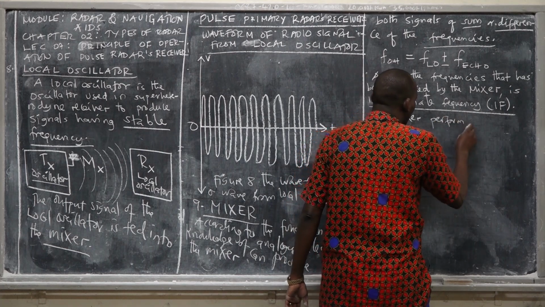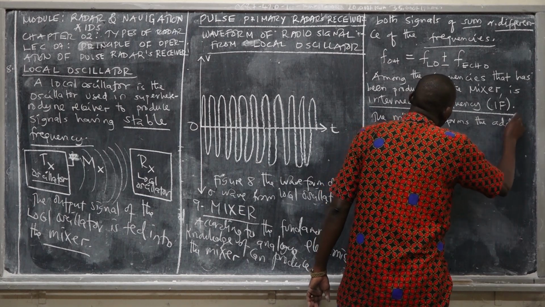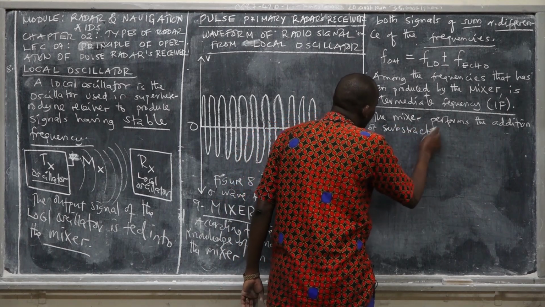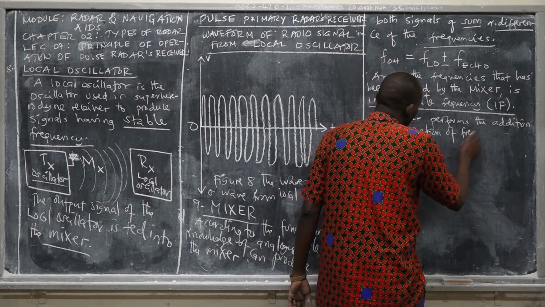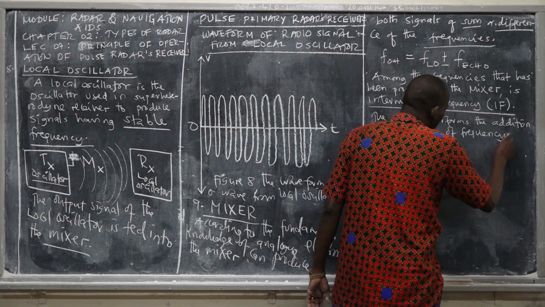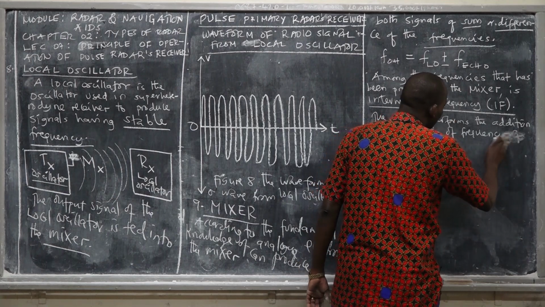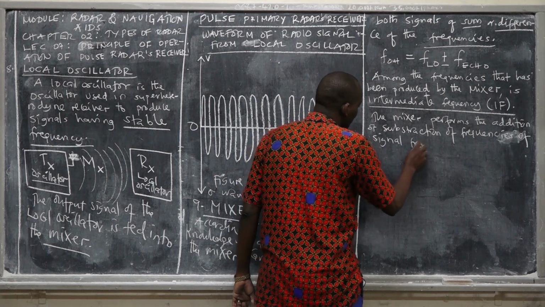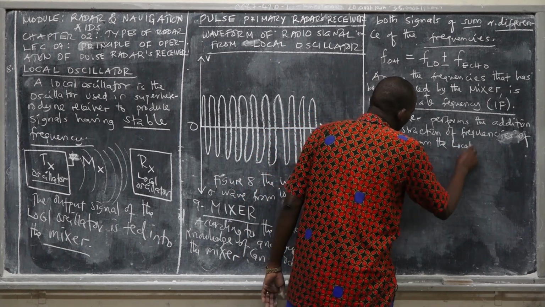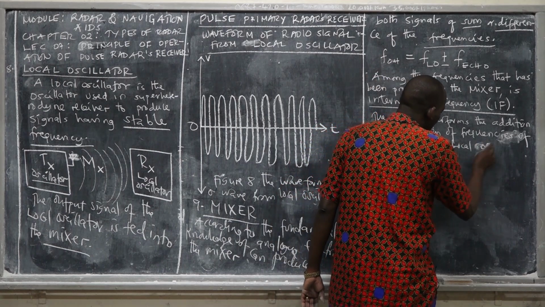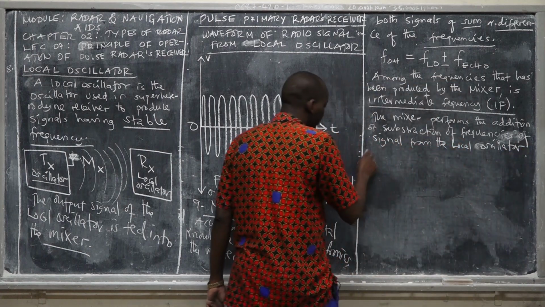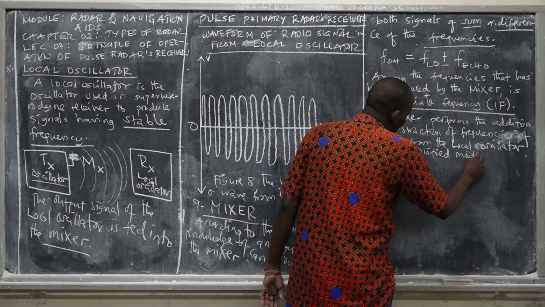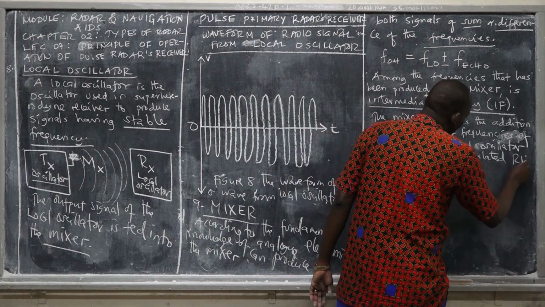So the mixer performs the addition or subtraction of frequencies of the signal from the local oscillator and the amplified modulated RF echo.